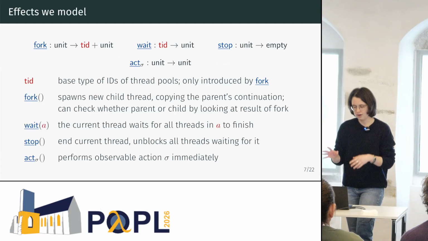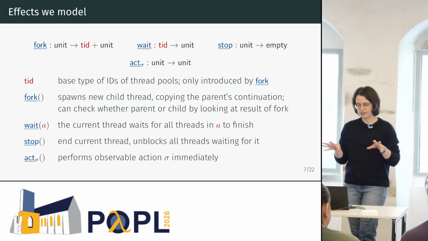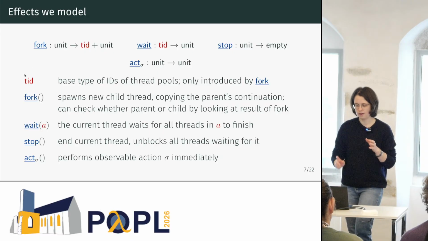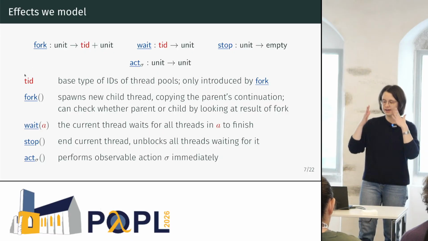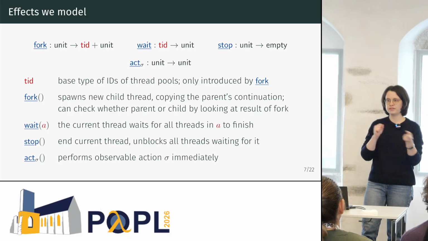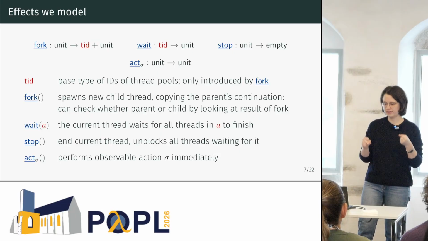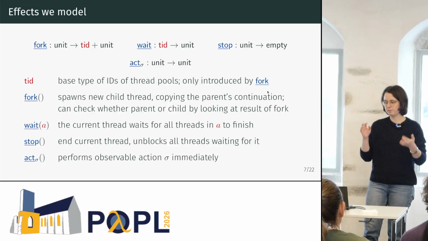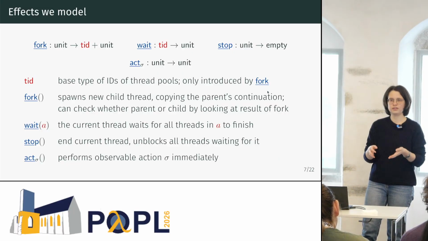The language we're modeling has a base type of thread IDs, which are actually IDs of pools of threads, because sometimes it's useful to refer to multiple threads at once. Fork is the only operation that can introduce a new thread ID.